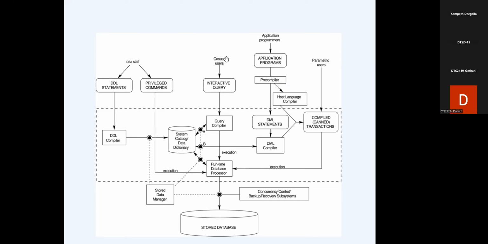But the casual users, for example top managers, can use an interactive query and directly access their data in their customized queries. So this is what normally shows you what is happening in the database management systems. Different users use different ways, but ideally it will be mapped to the language that the database management system understands, and then you get the required data from the stored database.